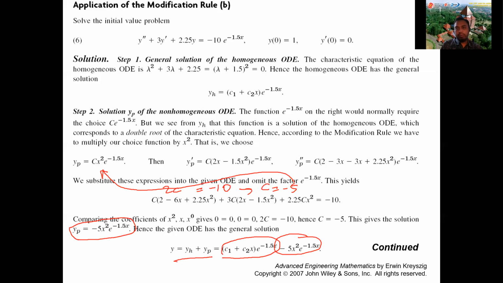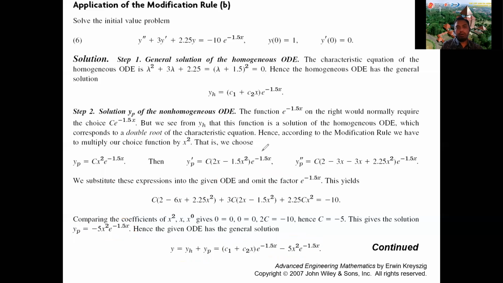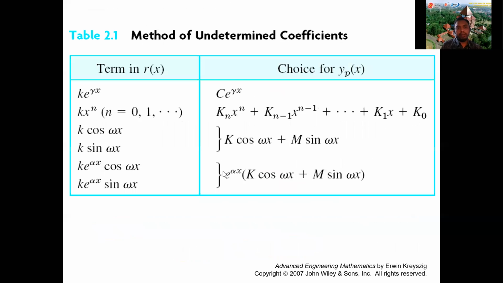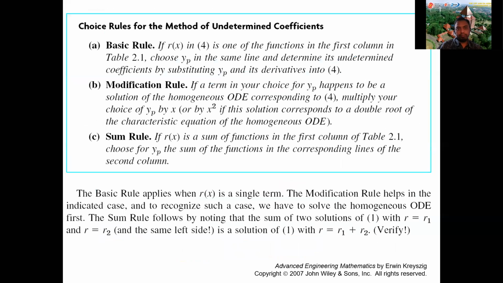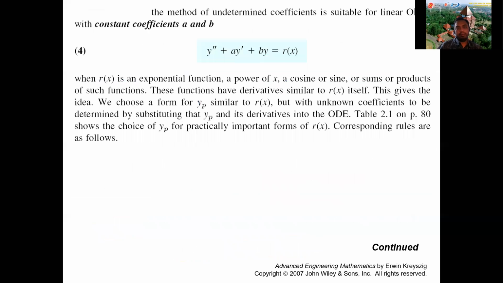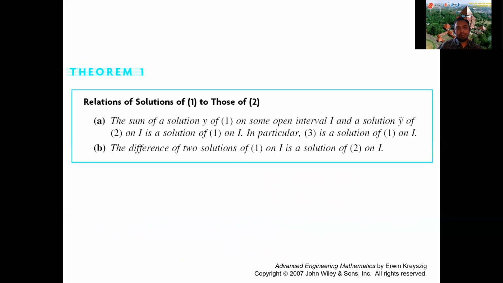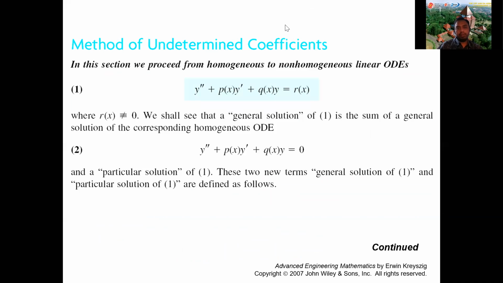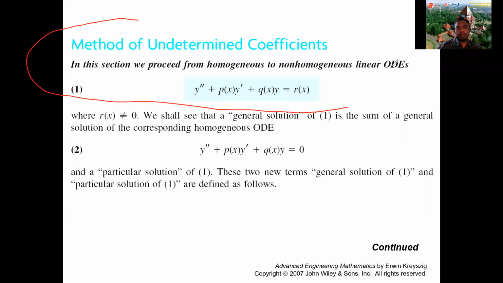We'd like to have some feedback. What do you think the drawbacks or the limitations of this method are? Any idea? What's the limitation of this method of undetermined coefficients?